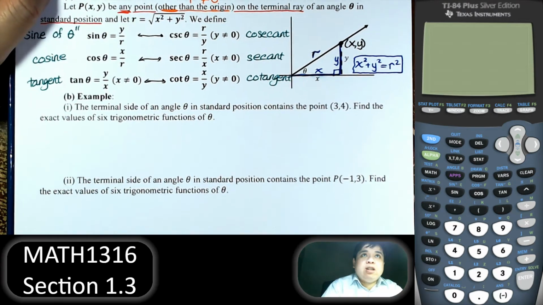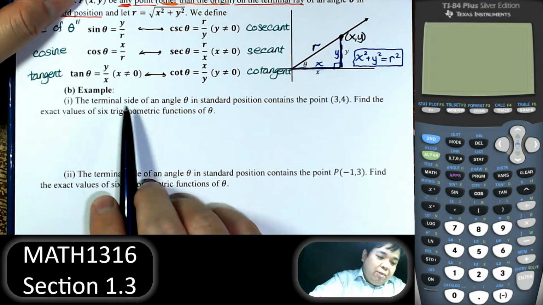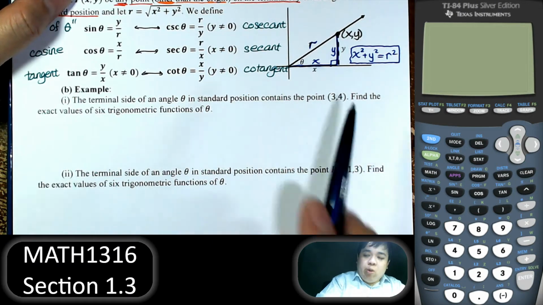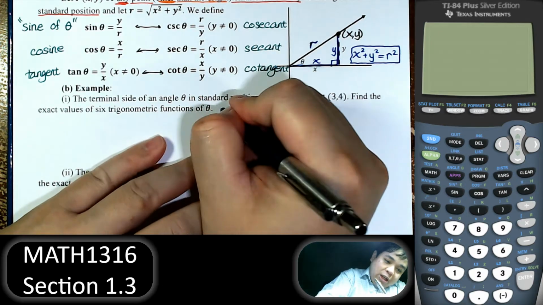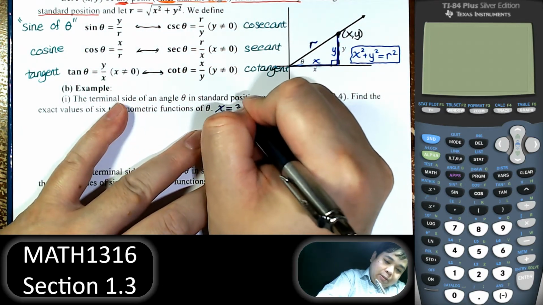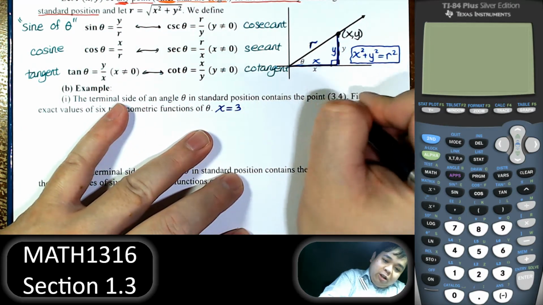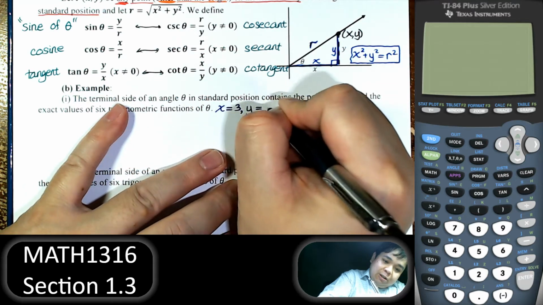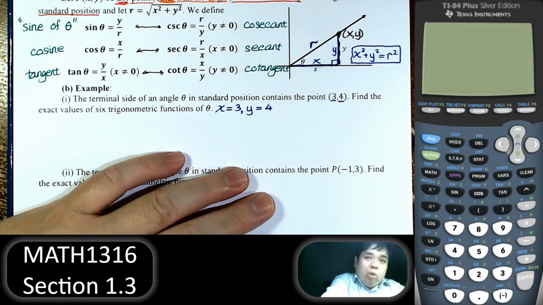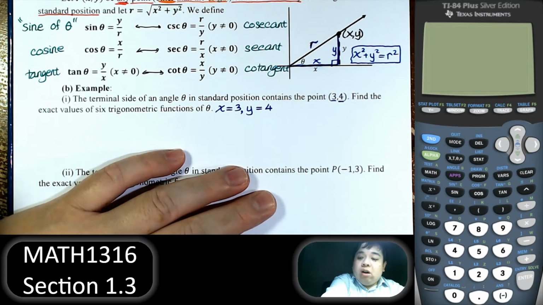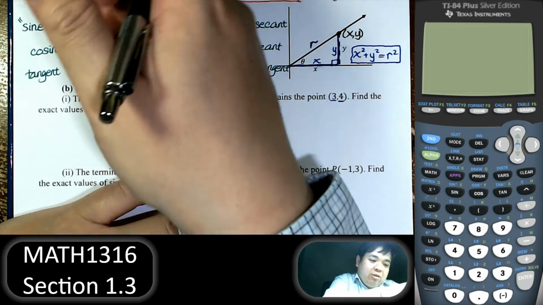So we have the first example here. The point is (3, 4). So in this example, x equals 3 and y equals 4. Then we can find r. Once we have x, y, and r, we can define all of these.